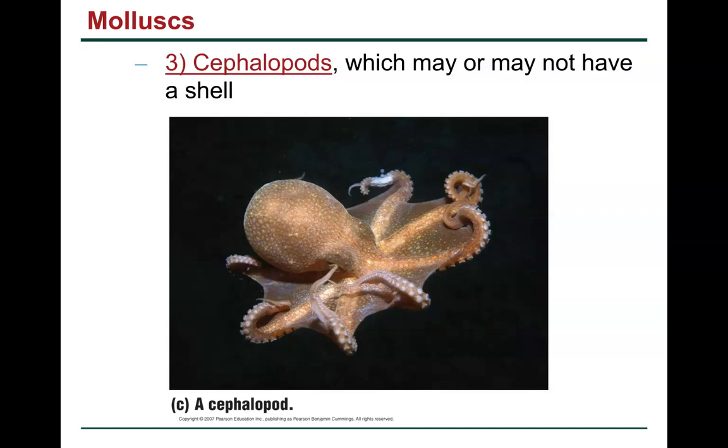The first octopus took a lot of time, but he was able to figure out how to unscrew the jar and get to the crab inside. Then they gave the second octopus, who had been watching the first one the whole time, a jar with a crab inside, and he immediately unscrewed the jar from watching his buddy.